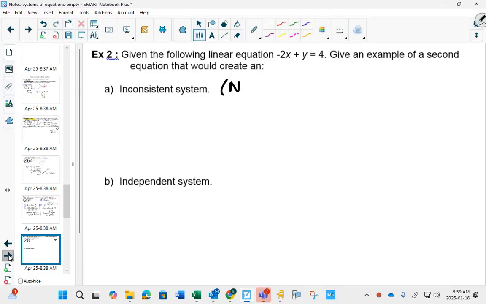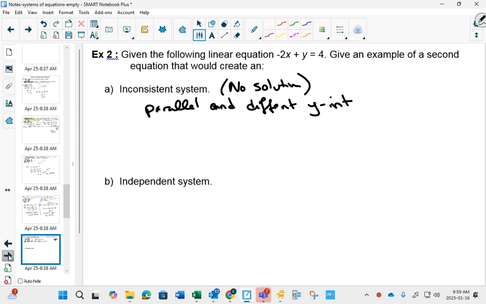So we got an equation, and we want an equation that there's going to be no solution to. This means the lines have to be parallel, but not have the same y-intercept.